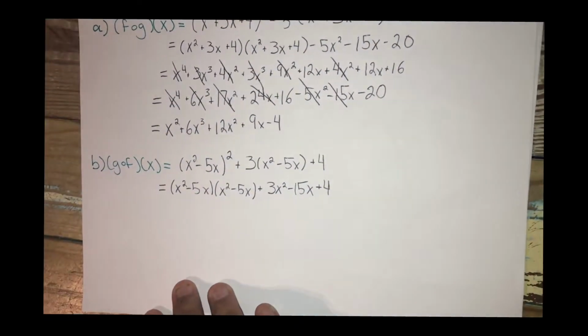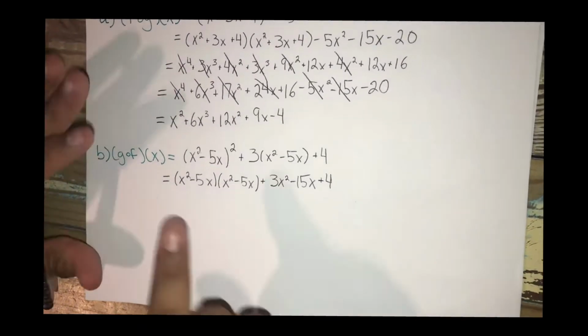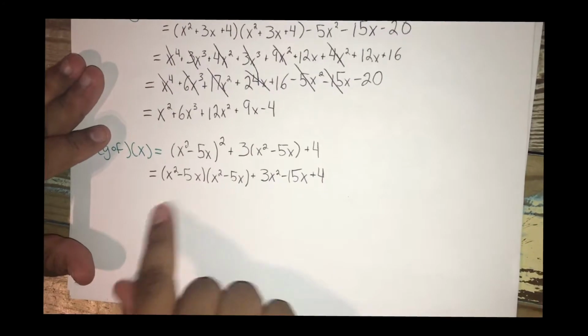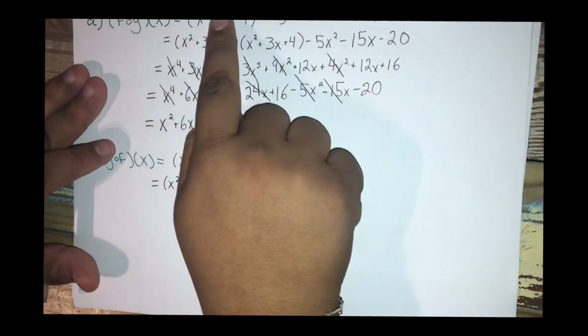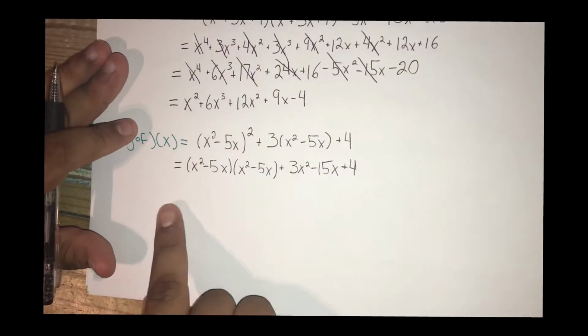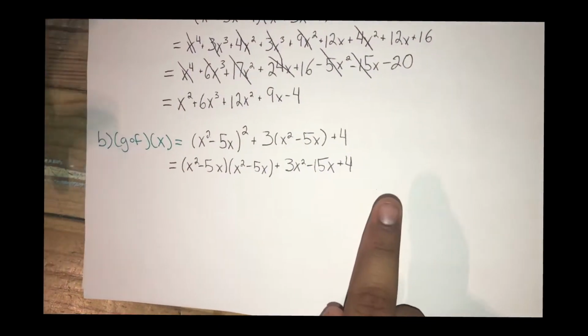Now, the next step would be using the distributive property on the first part, which would be the x squared minus 5x times the x squared minus 5x.